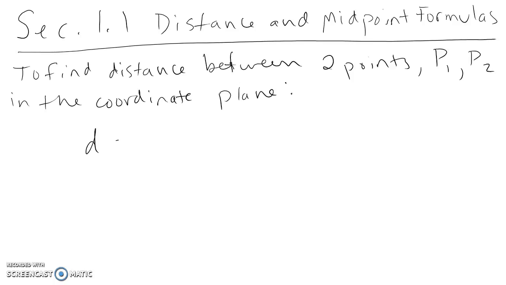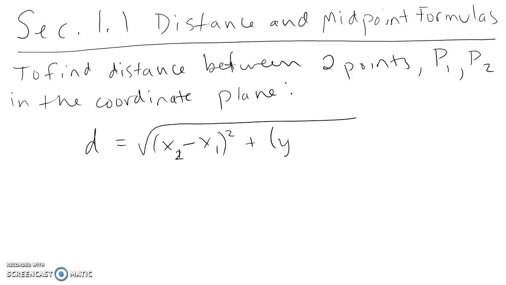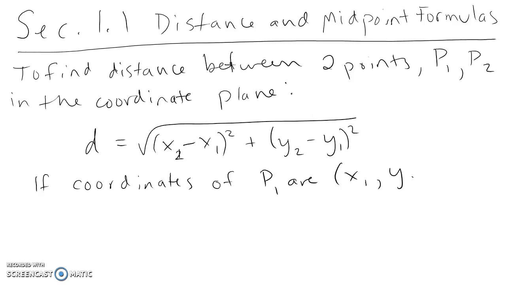We can use the formula d for distance, which equals the square root of (x2 minus x1) squared plus (y2 minus y1) squared, if the coordinates of P1 are x1 comma y1 and P2 are x2 comma y2.